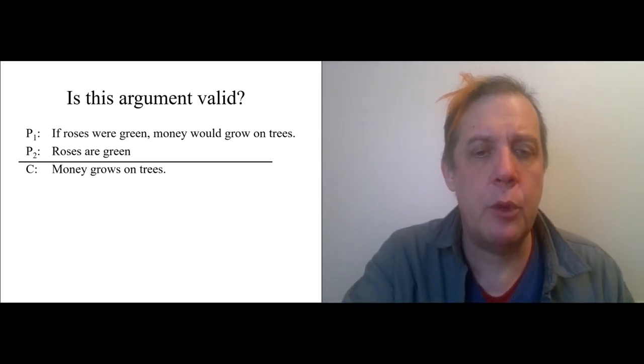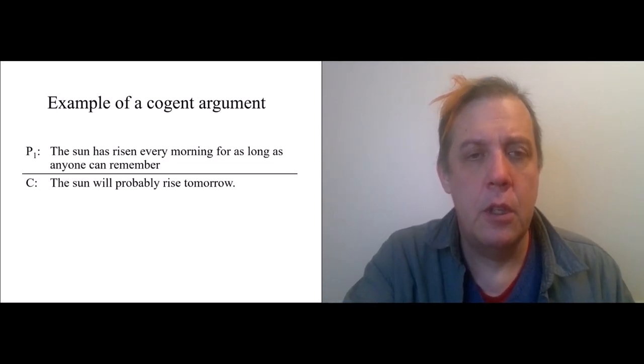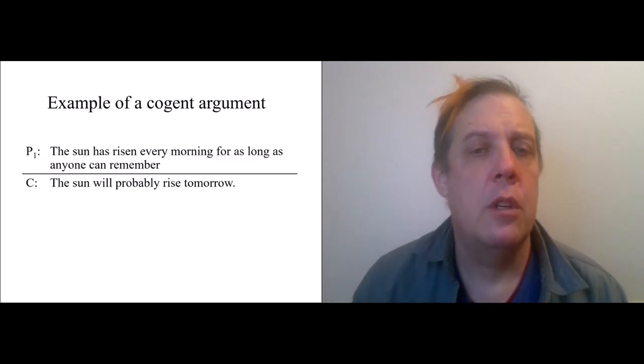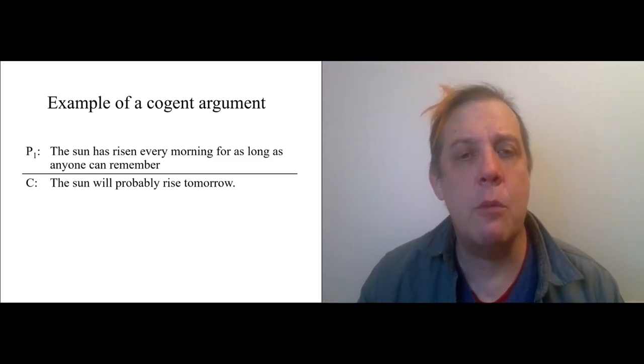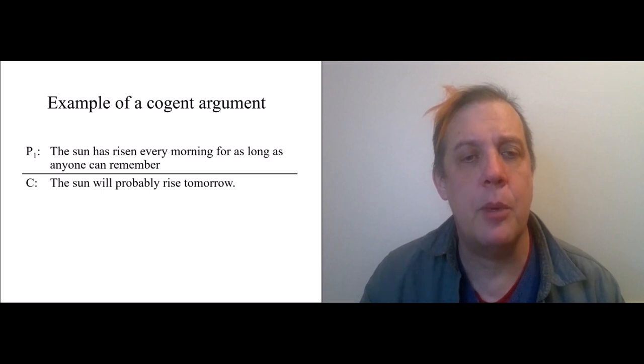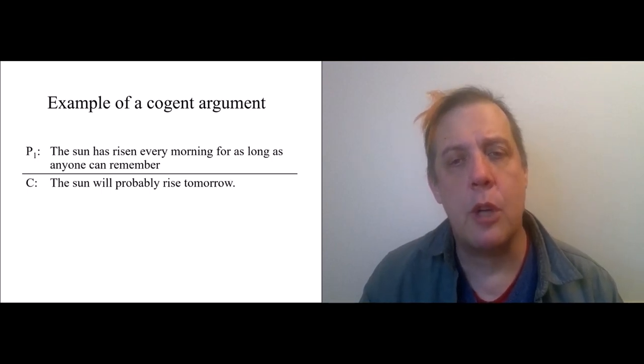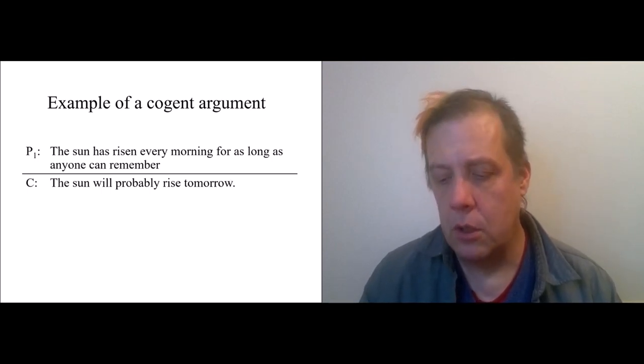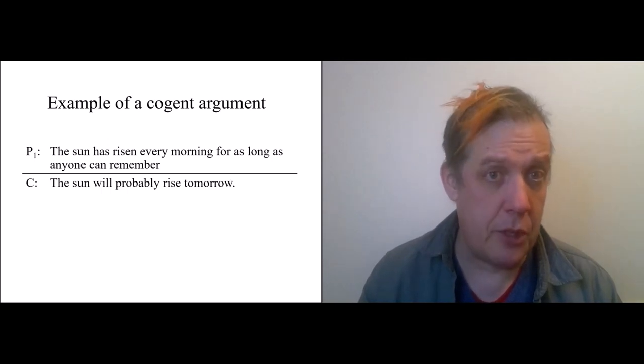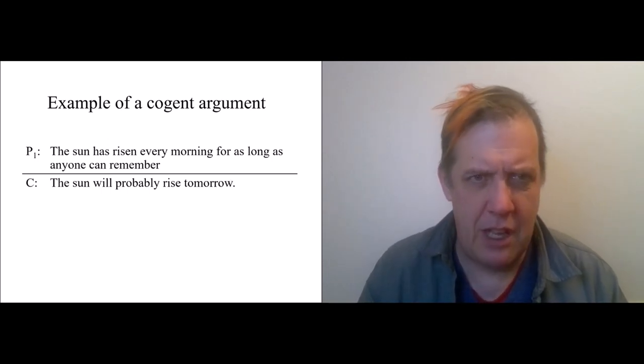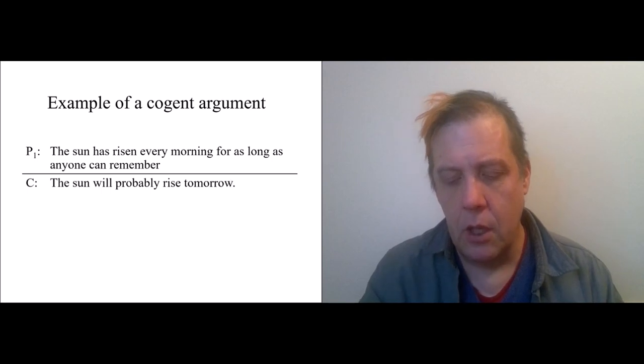All right, I'm going to leave you with one final argument. This one is cogent. The sun has risen every morning for as long as anyone can remember. Therefore, the sun will probably rise tomorrow. You may think of the sun coming up tomorrow as an absolute certainty.